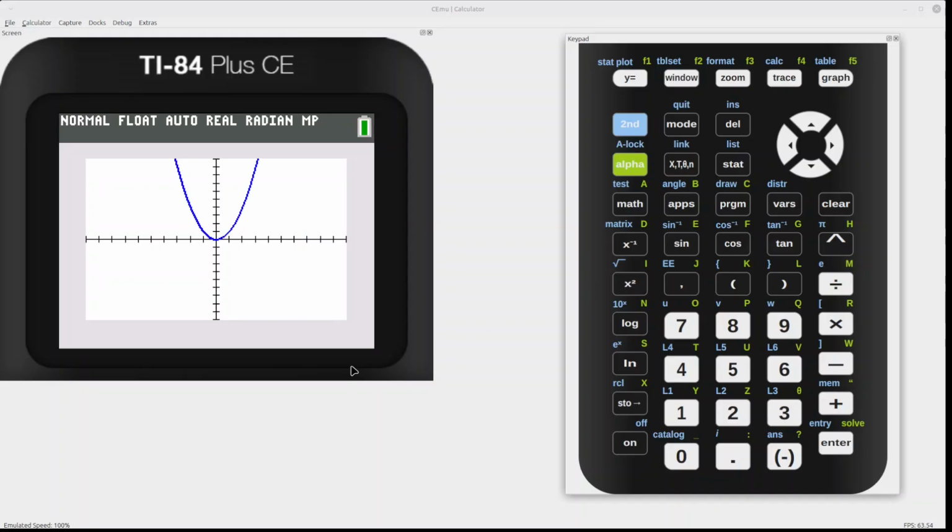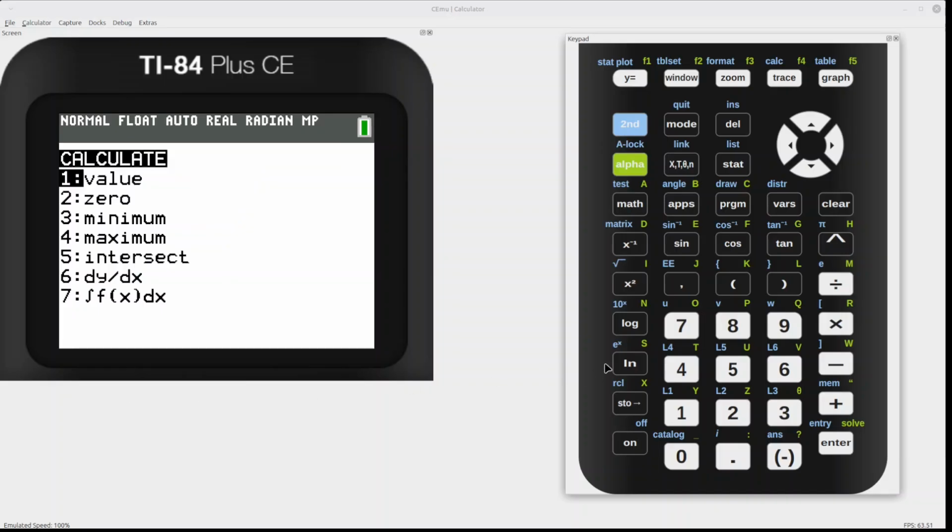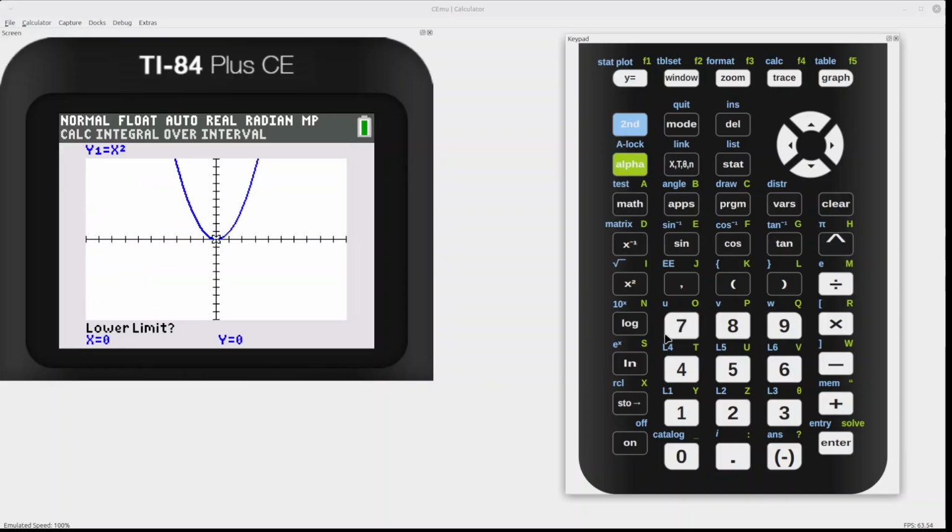all right, so let's find the area beneath the curve from 0 to 2. So we can go to second trace, number 7. And I want to go from 0 to 2. So I press my lower limit of 0, press enter, my upper limit to 2 and press enter.